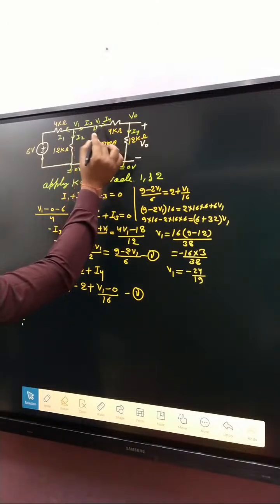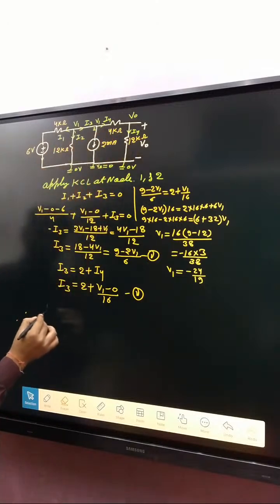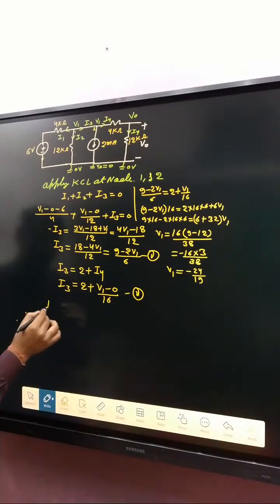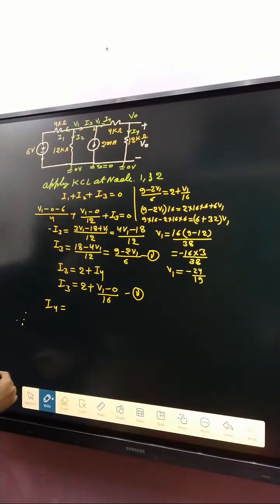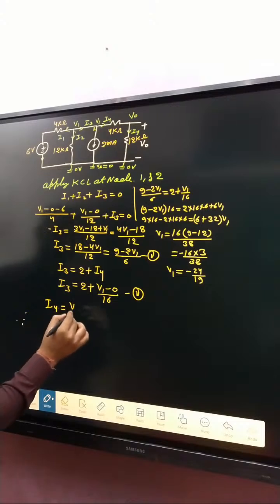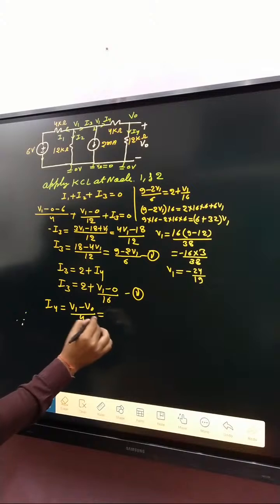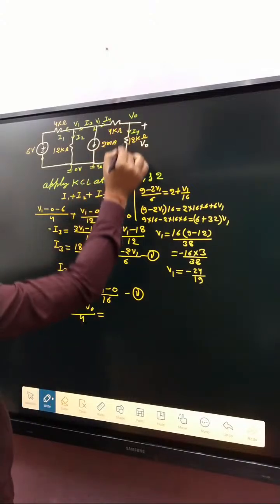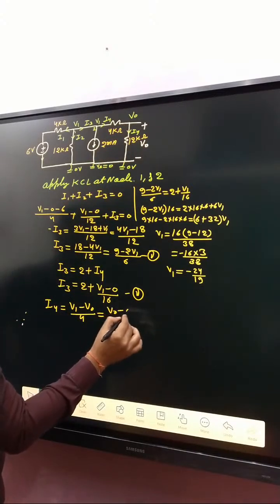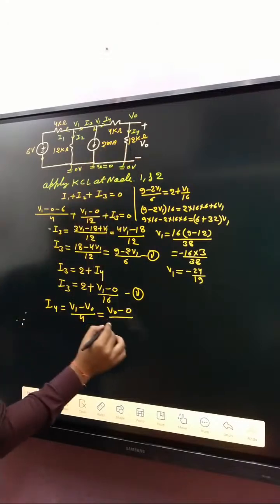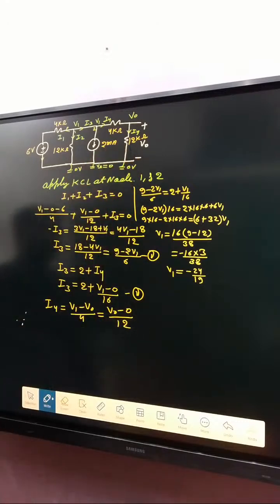If you see very carefully, I4 is V1 minus V0 divided by 4. This is equal to V0 minus 0 divided by 12.